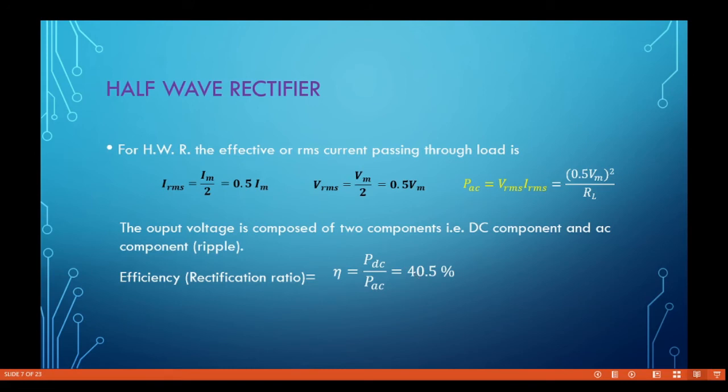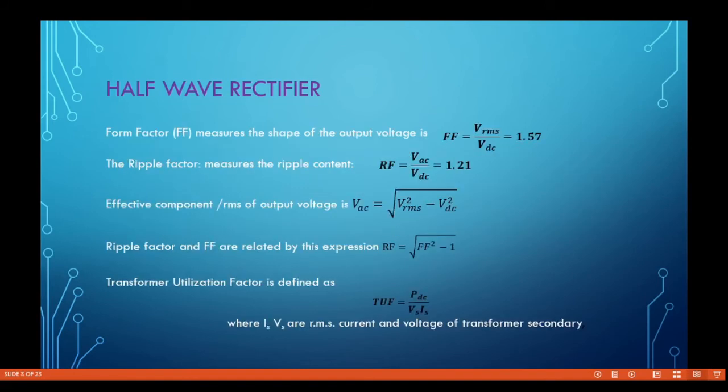This is the maximum efficiency that a half wave rectifier can deliver. Some of the performance parameters have been listed here. This is the form factor, which measures the shape of the output voltage, that is VRMS over VDC.